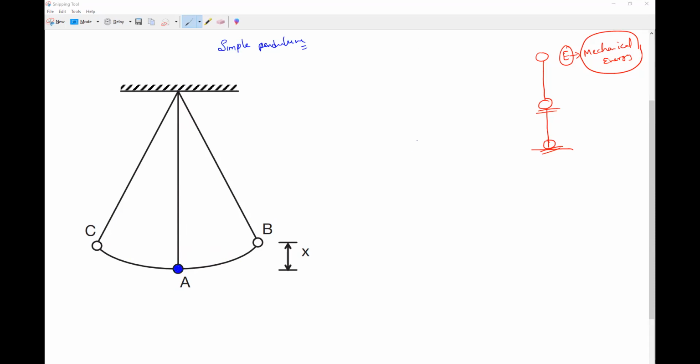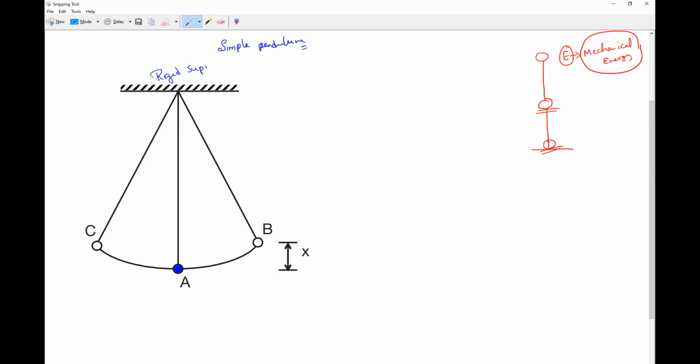Now if you notice here, the law of conservation of energy can be verified in the case of the simple pendulum also. So consider a simple pendulum suspended from a rigid support. What do we call this support, everybody? Rigid support.